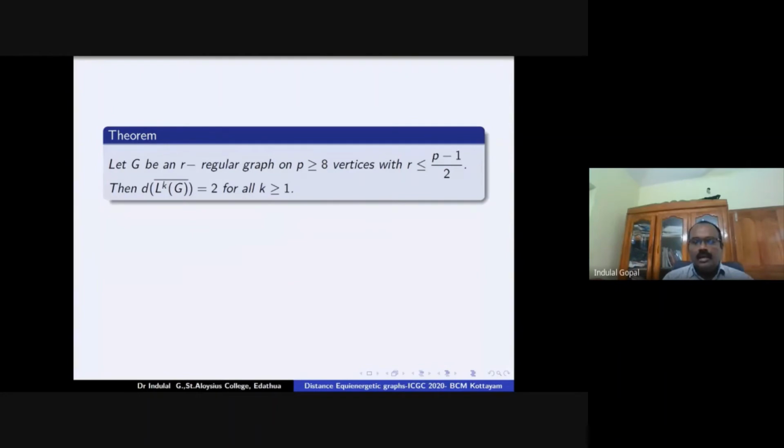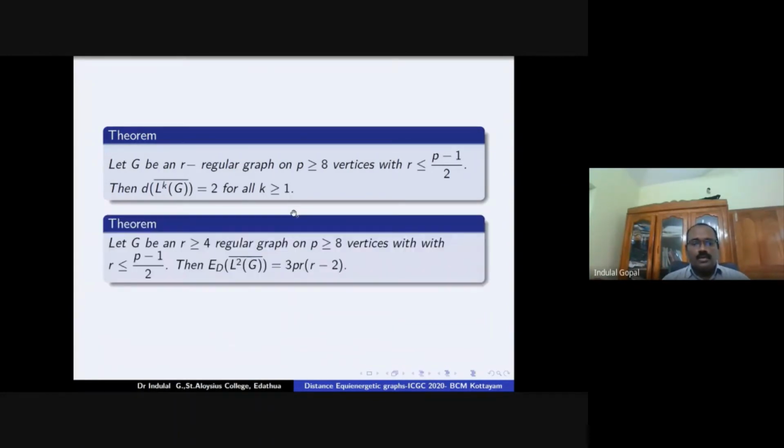If G is an r-regular graph with r less than or equal to (p minus 1)/2, then the diameters of the complements of the iterated line graphs are all equal to 2 for every k greater than or equal to 1.